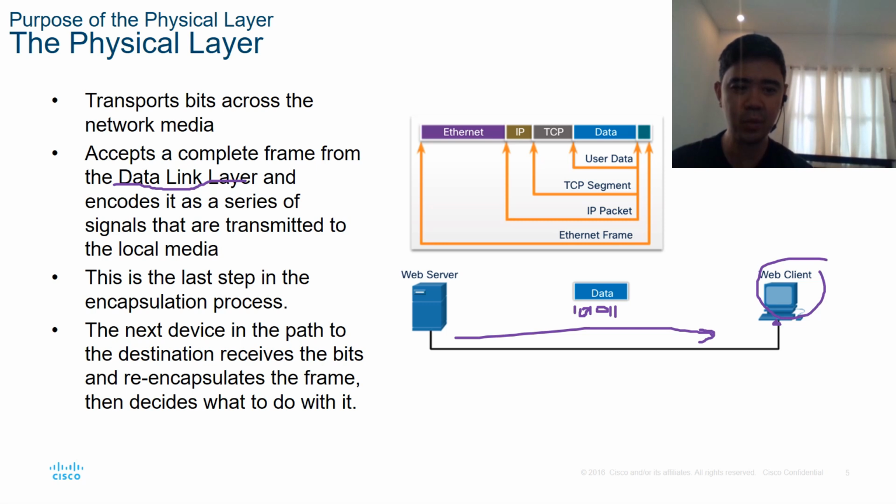What it will do is encode. We will discuss later what encoding is. After encoding, it will undergo the process of encapsulation. If it's transmitting, that is; in this case, the web client receives it, so it will undergo de-encapsulation. For the LAN card, it will read the MAC address, and then the data goes up to the different layers in the OSI.